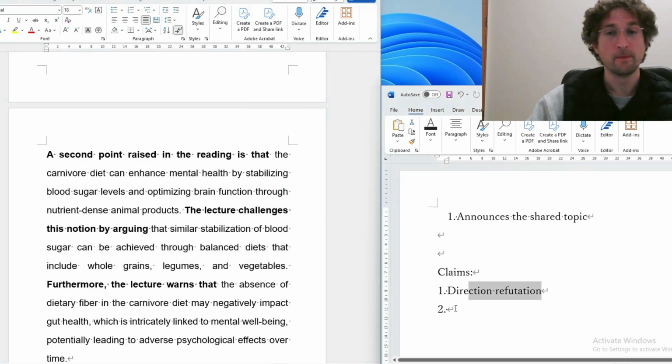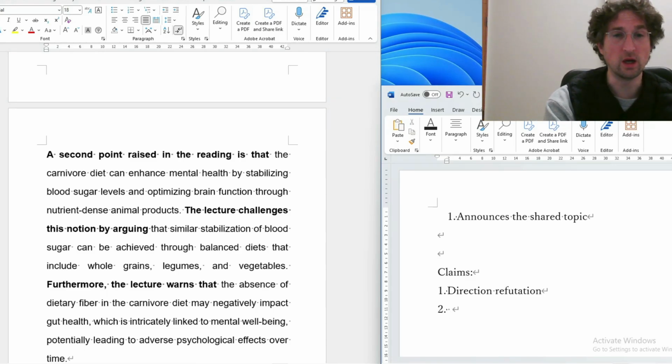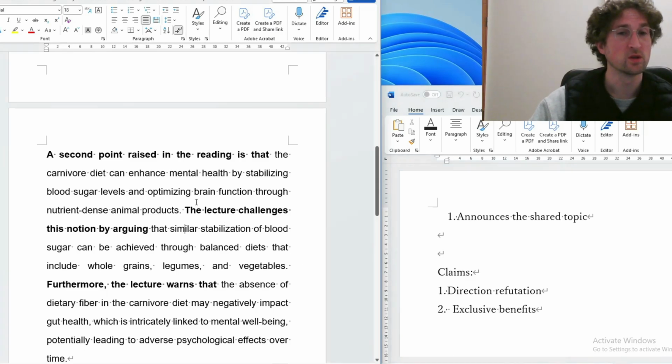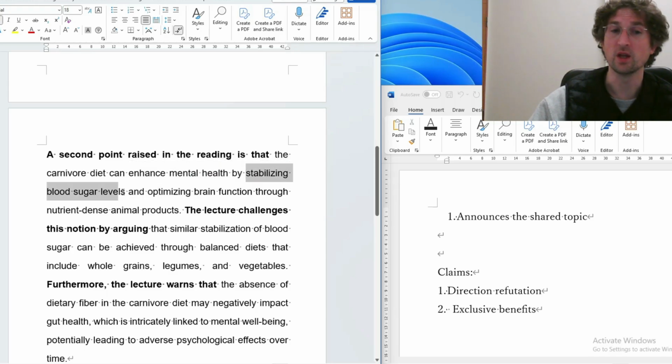Well, the article is claiming some exclusive benefits. So in other words, you can only stabilize your blood sugar by cutting out whole grains, legumes, and vegetables. That's the implication. A diet without those things stabilizes blood sugar levels.